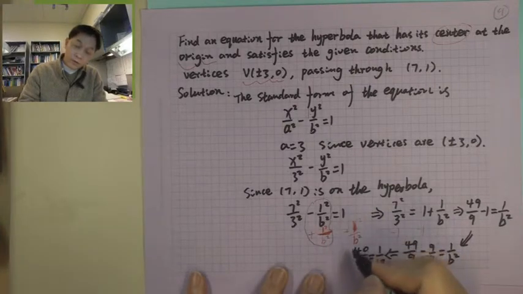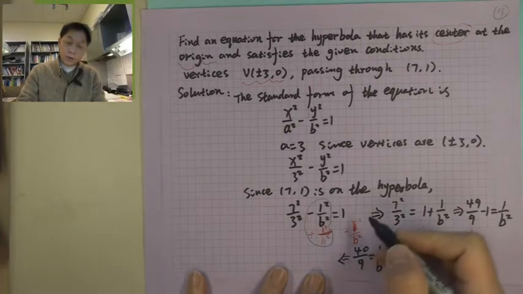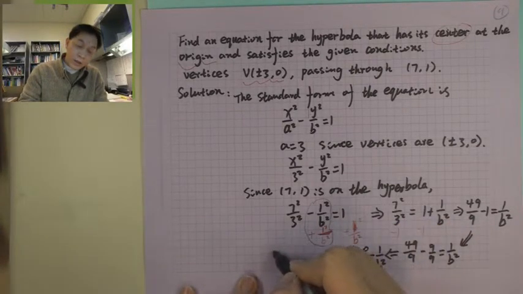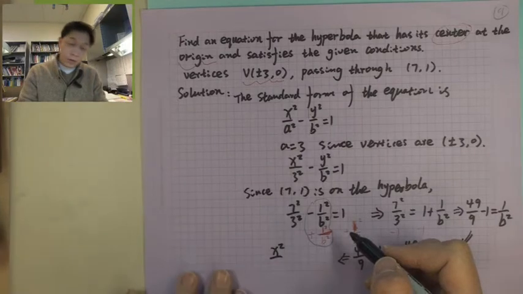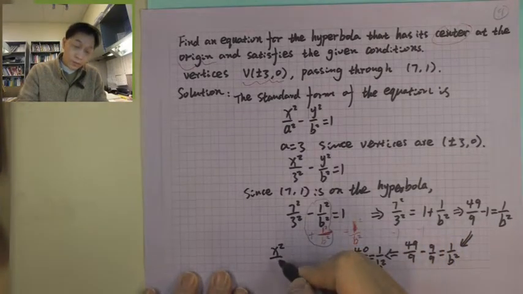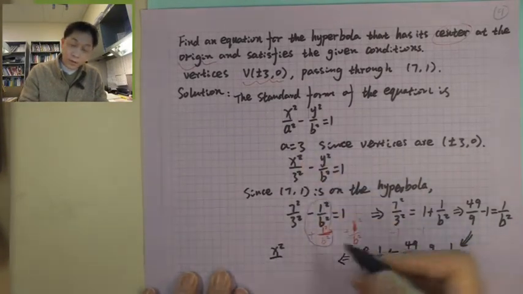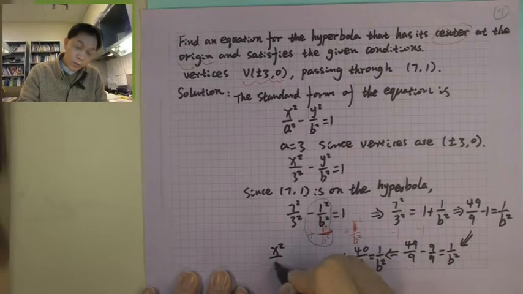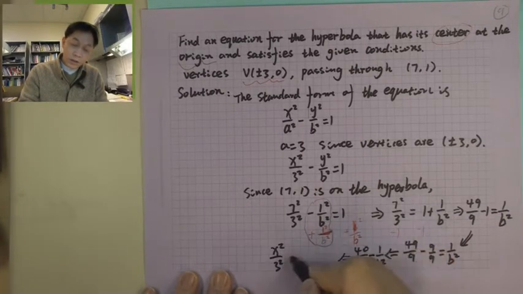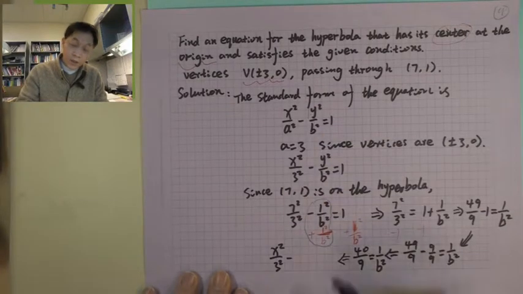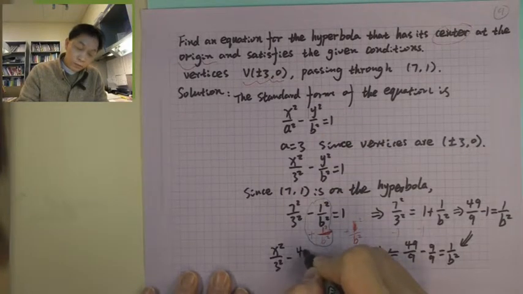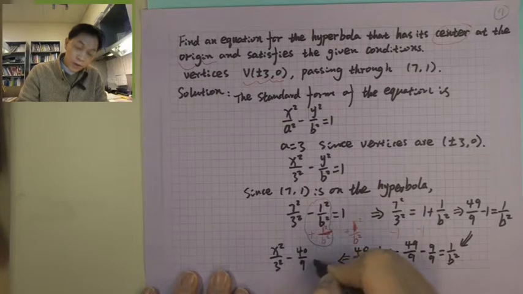So then what do we have? We have x squared over a squared, where a squared is 3 squared, and then minus 1 over b squared, which is 40 over 9, times y squared.